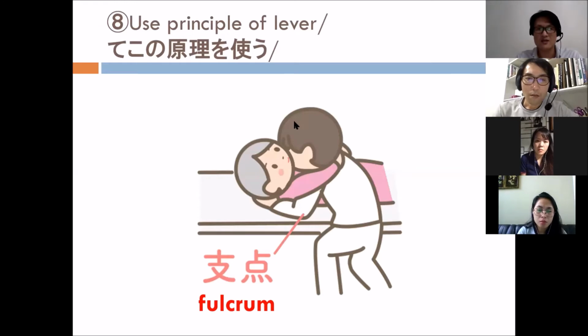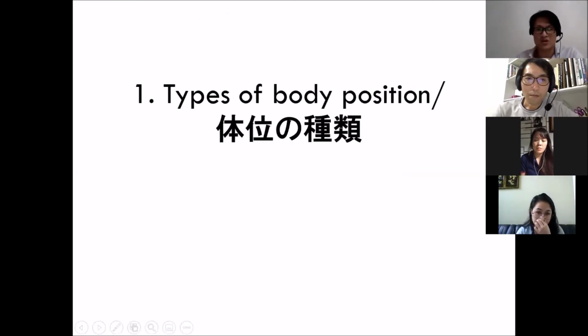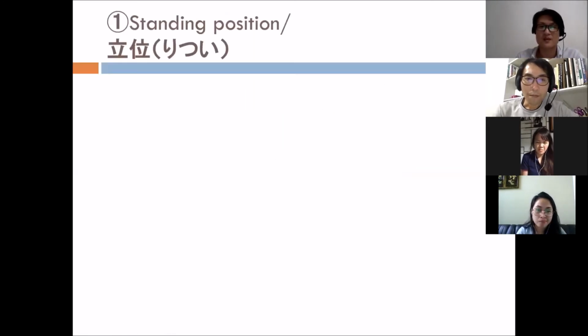Let me review the types of body position. Standing position. Chair sitting position.